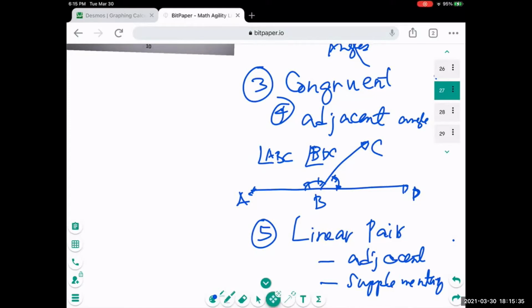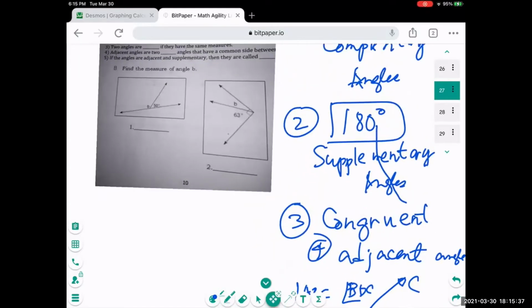And then let's answer letter B. Find the measure of angle B. Since this is a linear pair and this is supplementary for number 1, as you can see, this is given 50 degrees here, and they were asking for this angle here. So this is equal to 130 degrees, right? If they are supplementary.